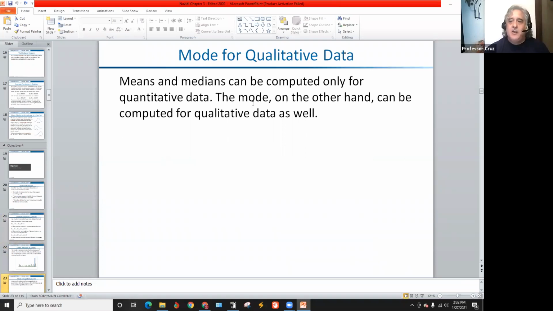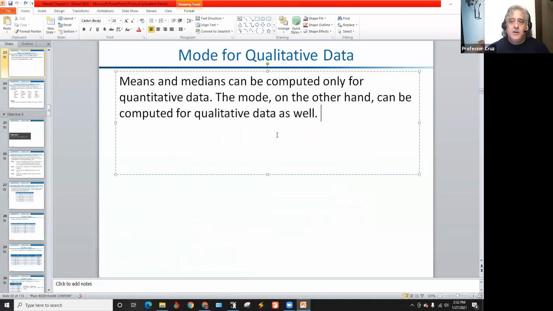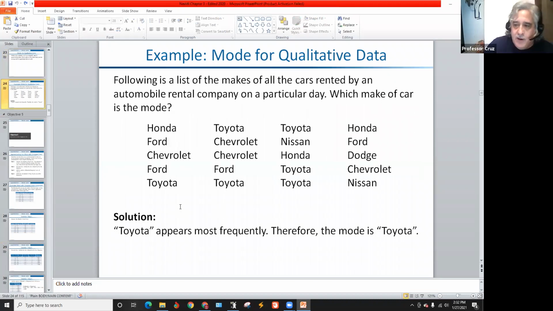The one thing that is unique about the mode is you can determine the mode for qualitative data. You obviously can't calculate a mean and a median on data that's non-numeric, but with the mode you can. If you have something like this, this is the cars that were rented on a particular day, just by the make of car.